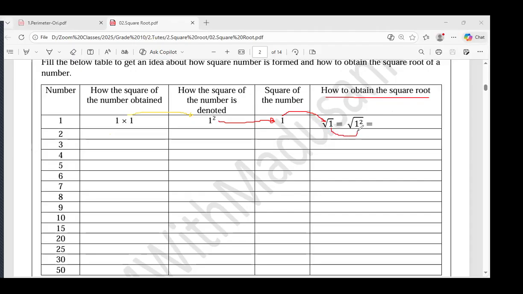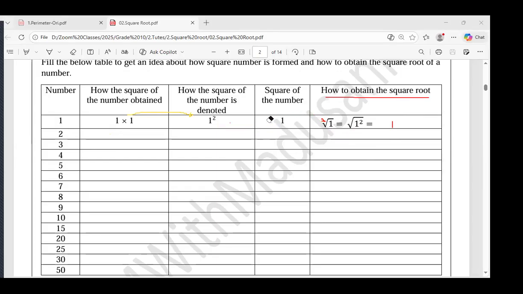This 1 can be written down as 1 to the power 2, by looking at the previous one. So the square root of 1 to the power 2 is 1. There is a pattern.